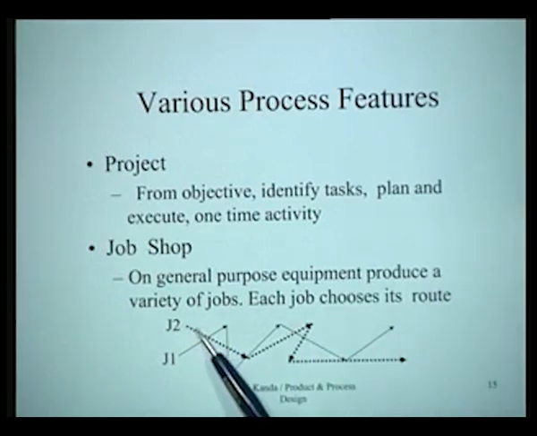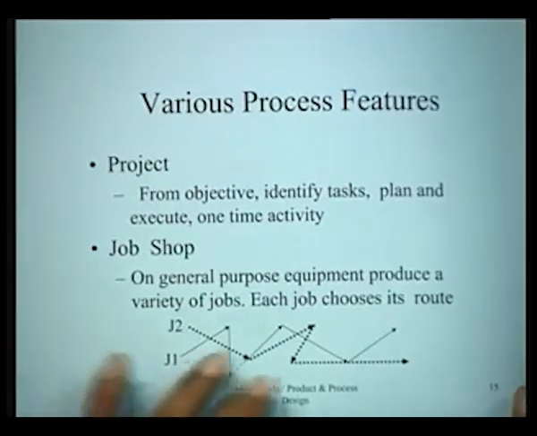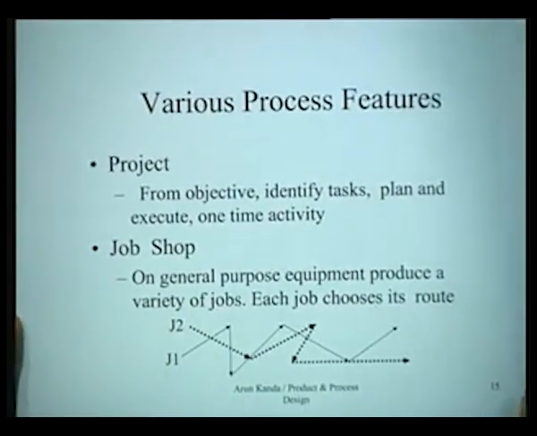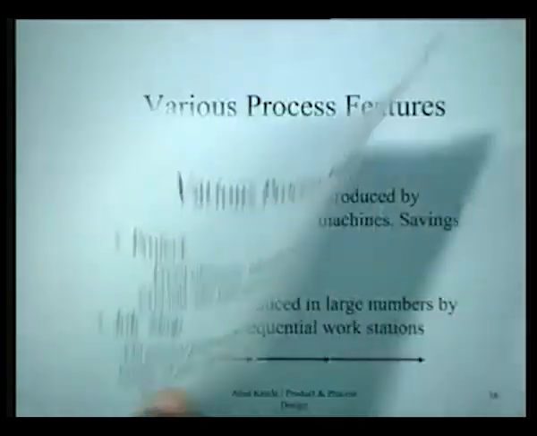The second job might select its own route depending upon its requirements and then go through the job. So this is typically what happens in a job shop, and these features mean that there is complicated or very difficult kind of flow patterns which emerge in the job shop. However, what's the advantage? The major advantage is that you get a lot of variety. You can produce variety, but this kind of a thing will happen.